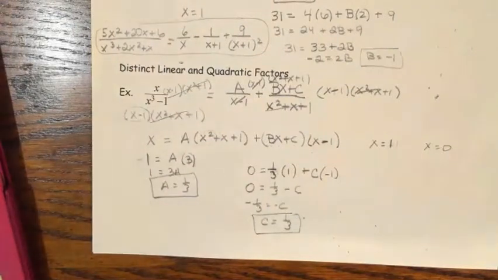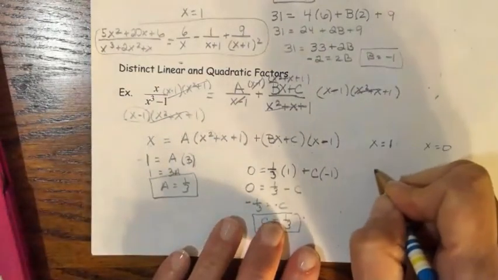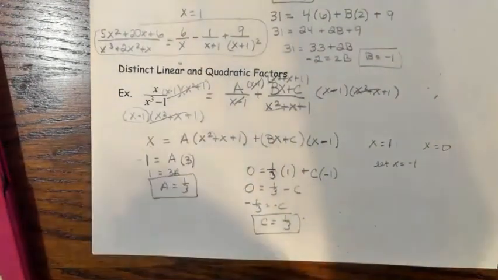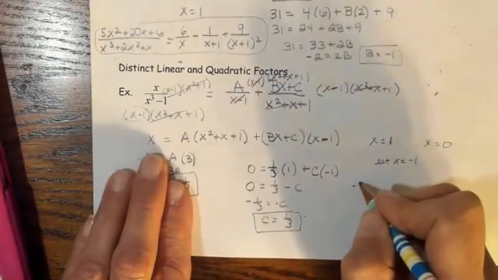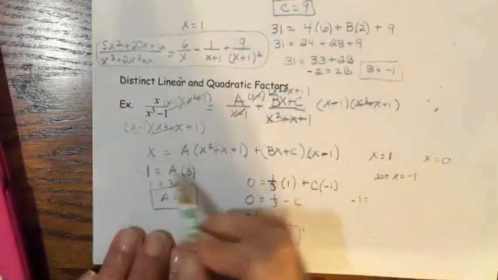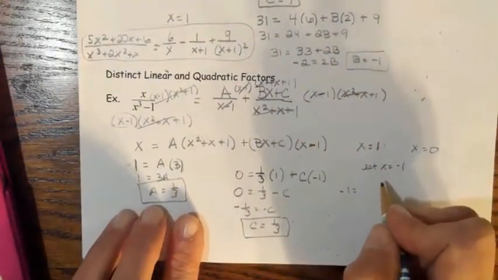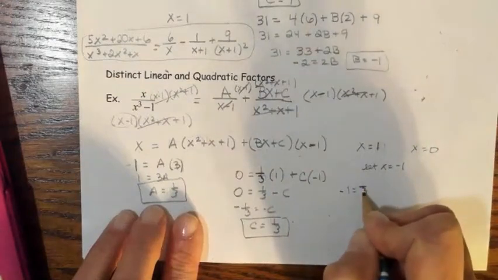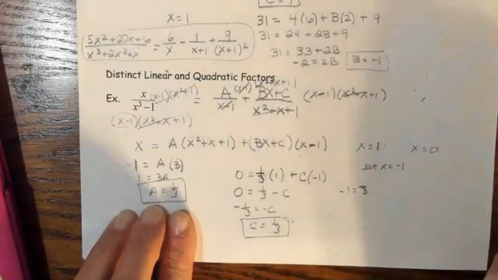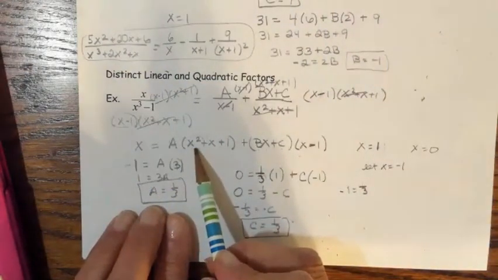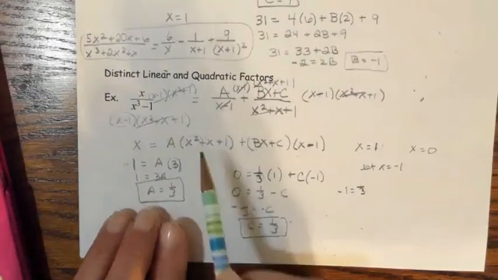And now I have to find b. So I guess we could plug in -1. So we'll let x be -1. So I'm left with -1. Again, I'm coming back here to plug it in. And then a we know is 1/3. If I let x be -1 here, let's double check.